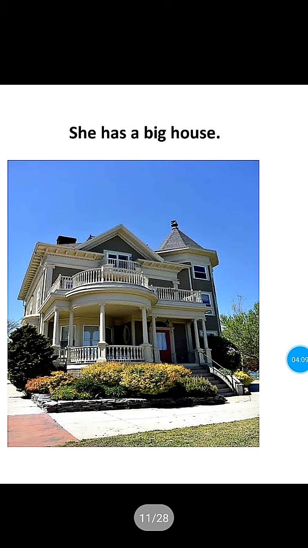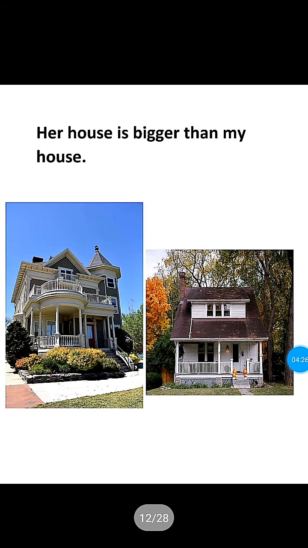One more example. She has a big house. In this sentence, what is the adjective? Big. Here, there is no comparison. So that's why we used only positive degree of the adjective big. Her house is bigger than my house. In this sentence, there is comparison between her house and my house. Only two things are there, hers and mine. So, when there is comparison between two things, then we have to use comparative degree.